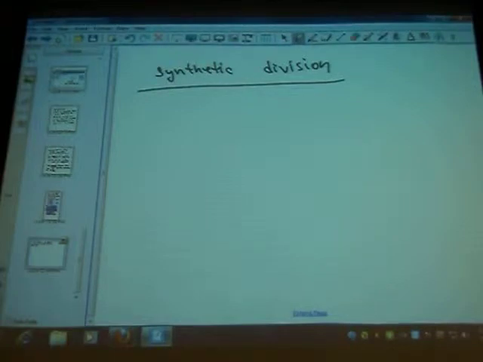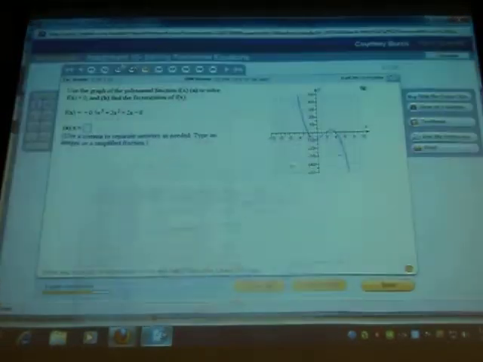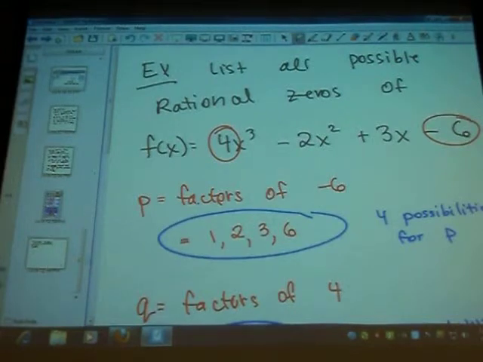So let's say I want to divide, let's use that example we just used, that function, 4x to the third minus 2x squared plus 3x minus 6. You might want to do this in your notes so you have an example there.